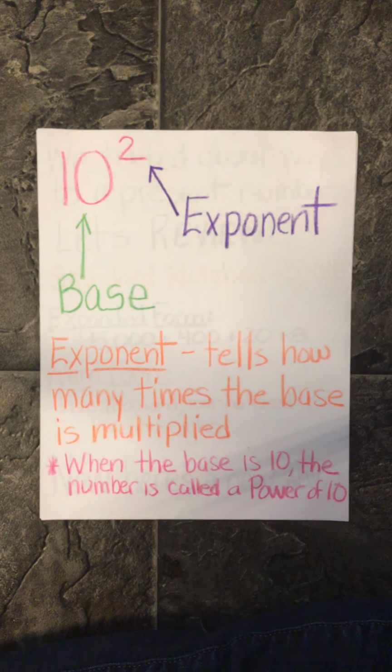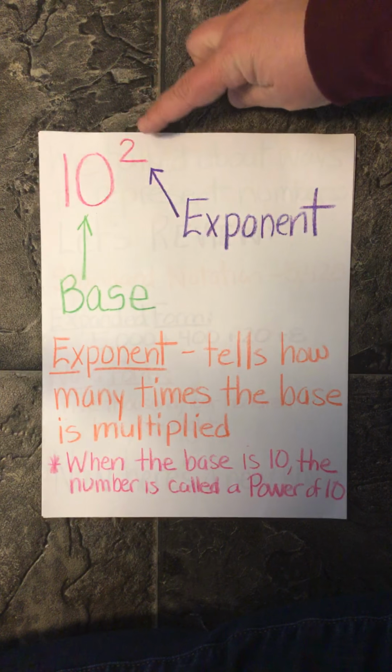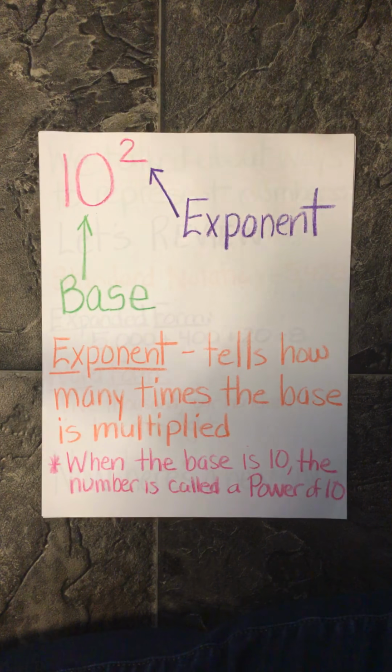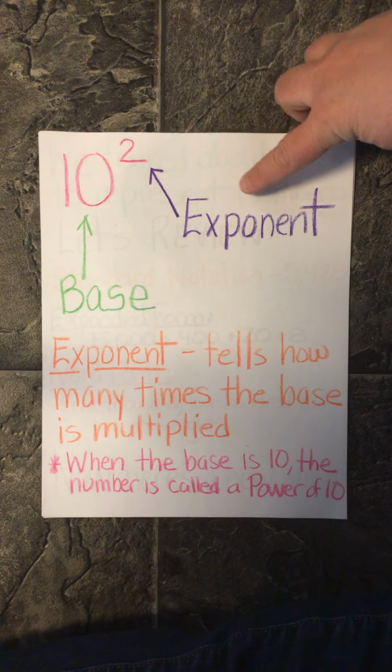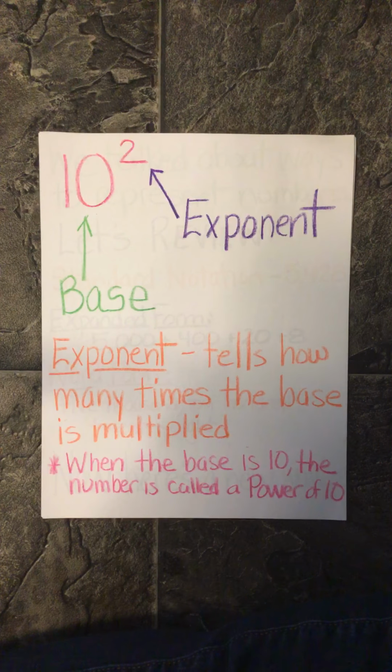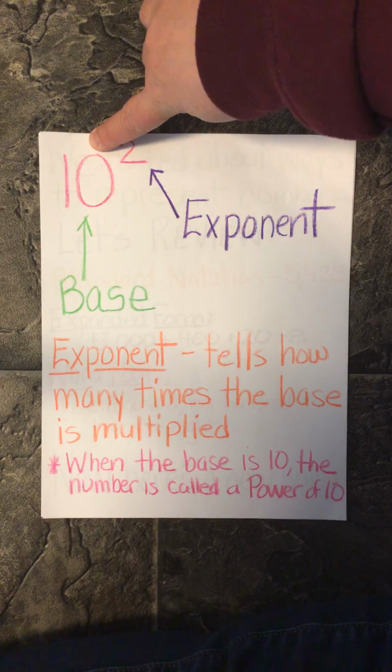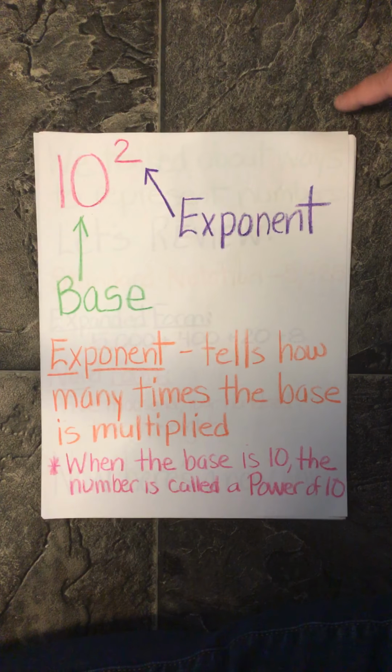In the example, 10 to the second power, 10 is our base number, and the raised 2 is what we call an exponent. An exponent tells how many times the base, in this case 10, is multiplied.